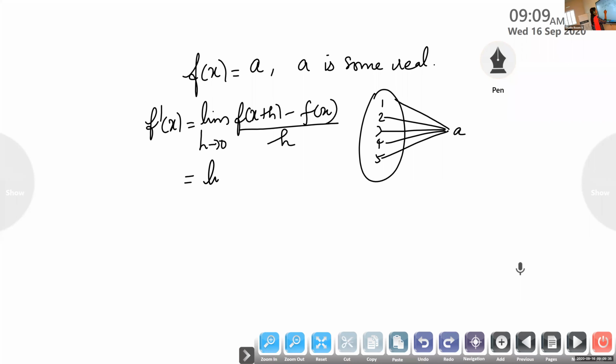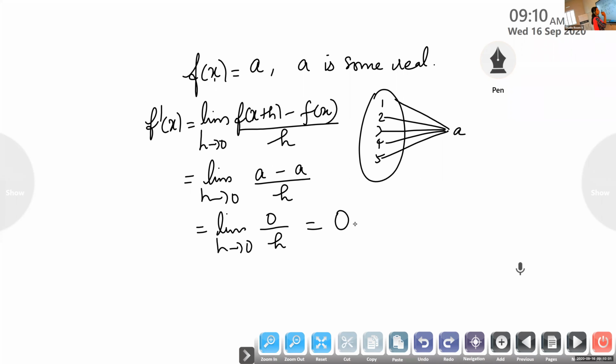If x is there, we can put x plus h; here no x is there. f of x is A, and f of x plus h is also A. So A minus A by h is 0 by h, which is 0. So the derivative of a constant function is 0.